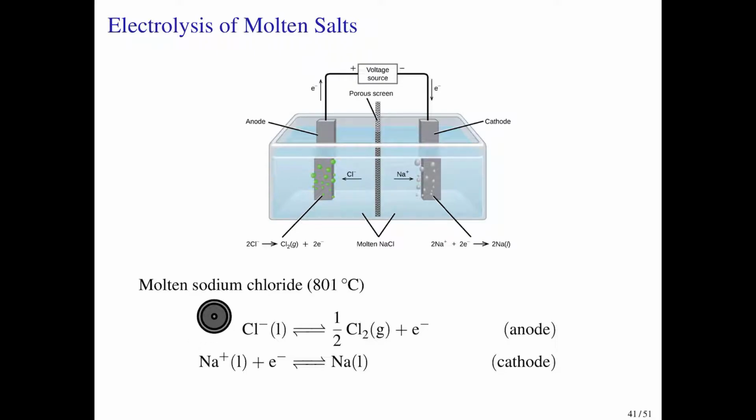You can drive the liquid chloride ions to produce chlorine gas, and you can drive the liquid sodium ions into metallic sodium. And this is actually how certain metals and gases are produced industrially, by using electrolysis of molten salts.